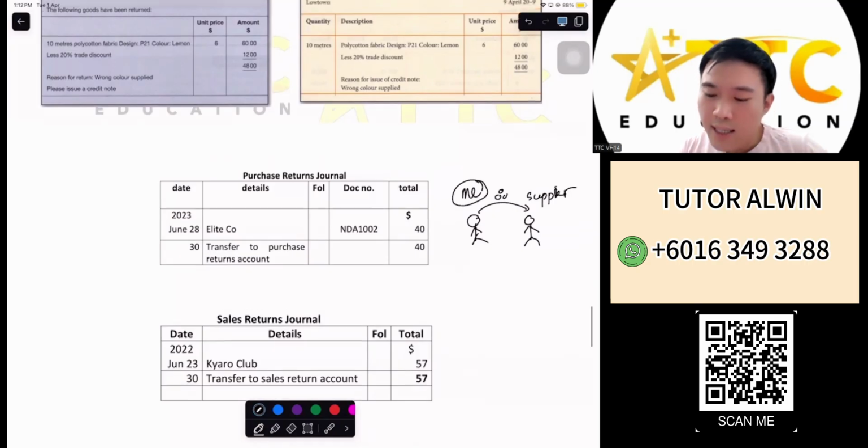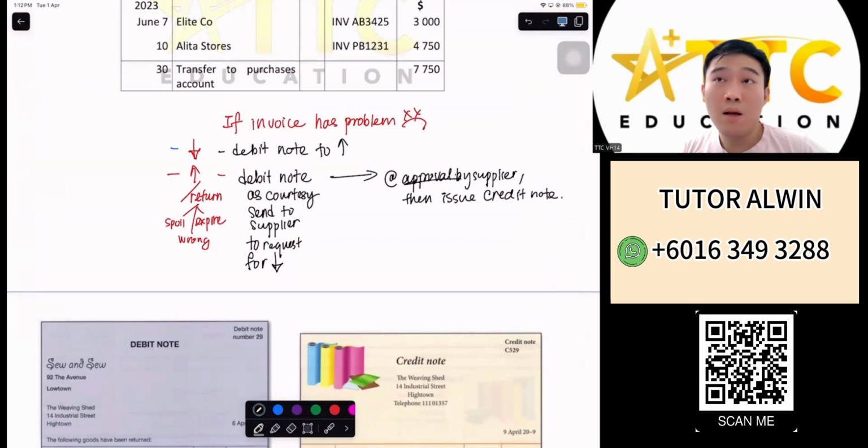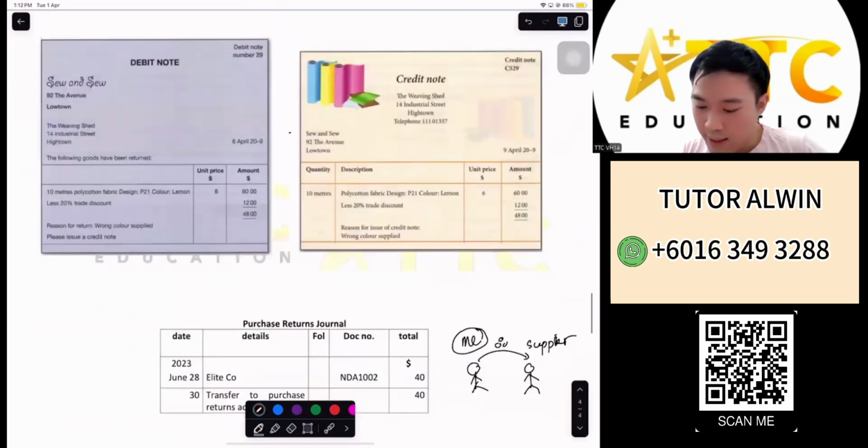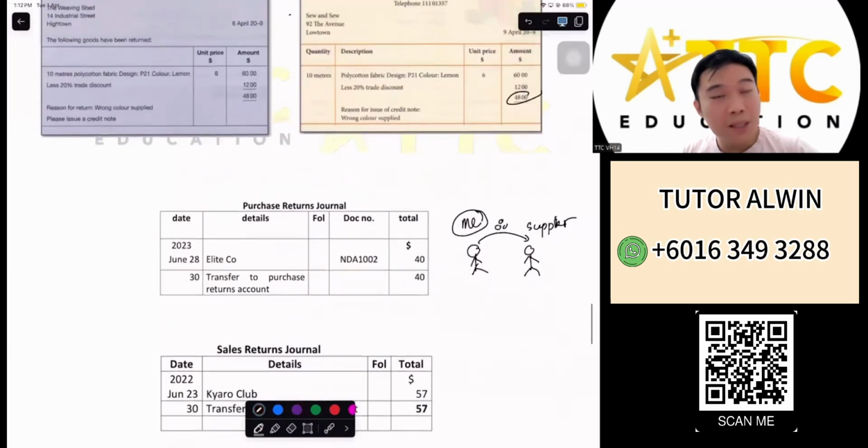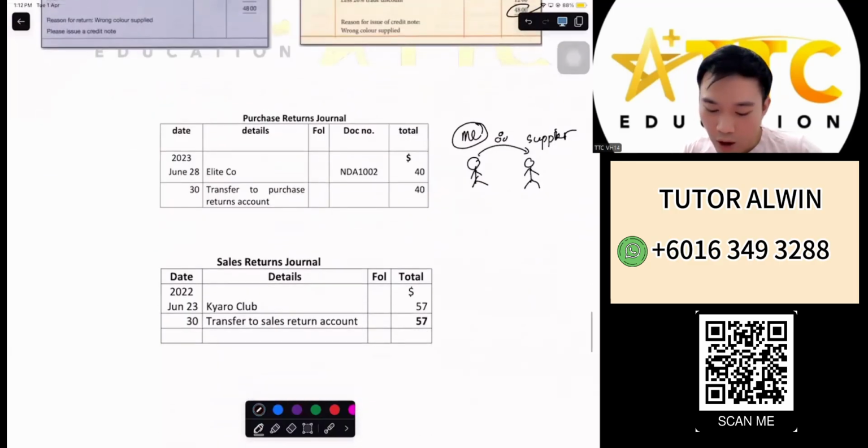I will record this approved return of the credit note amount. Let's say 4,800 is approved. I will record it into my purchase return, and the supplier will record it into their sales return journal. Sales return means customer returns things to me. Purchase return means I return something to my supplier.